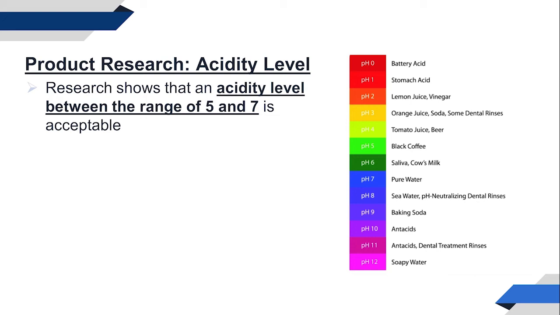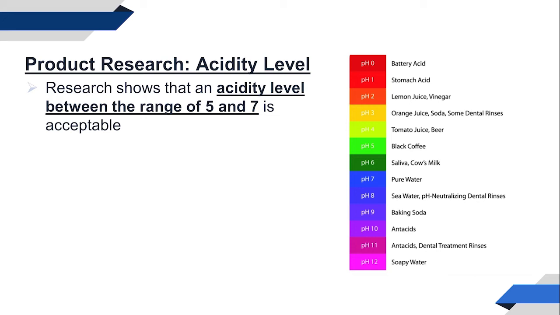So if it's a pH 5, it's kind of black coffee. At pH 7, pure water, you have different levels of acidity here on this chart. And that's the same with the coffee. There are different levels, and the regular that we usually work with is between 5 and 7. Those are acceptable levels of acidity to work with.